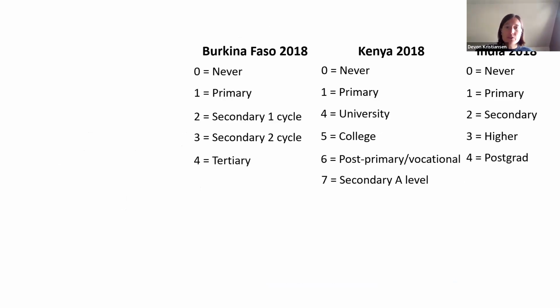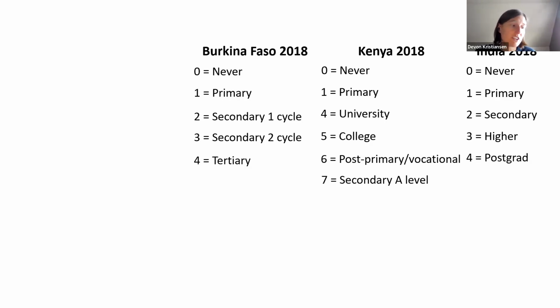So I'm using an example from the data collection I work with, IPUMS PMA. In PMA, there's a question about the highest level of education that the woman attended. Because education systems vary across countries, the categories reflect the country's schooling levels and have different codes.